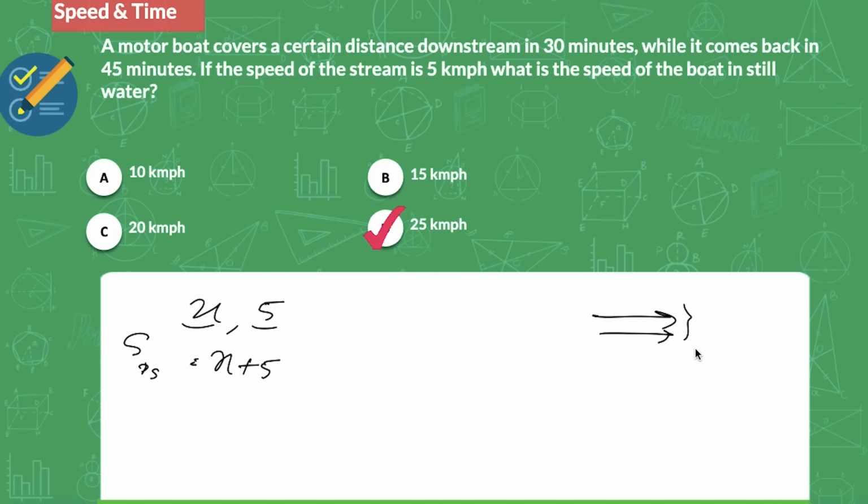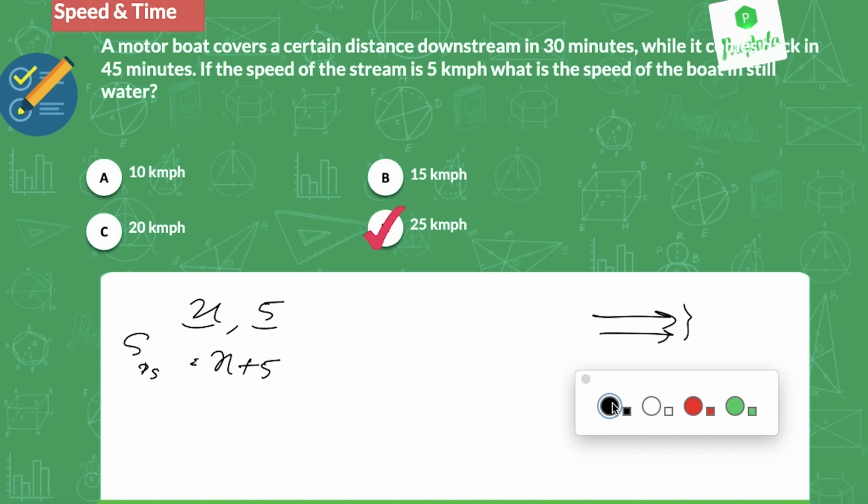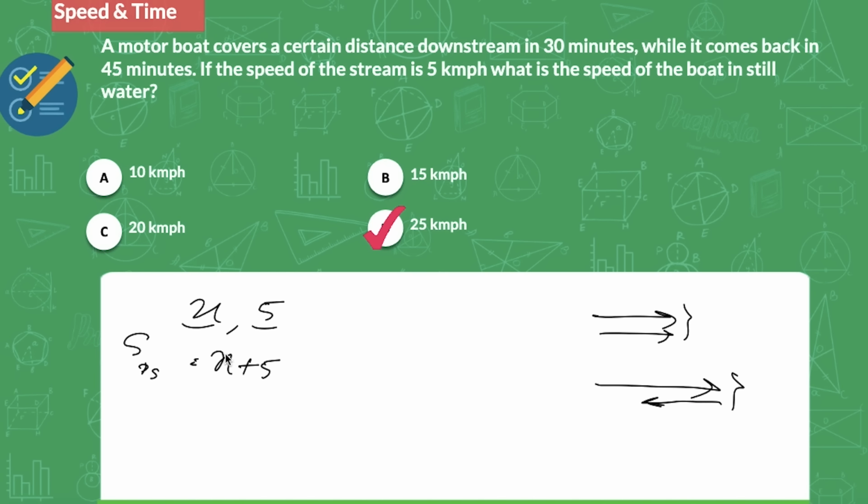This is called downstream. If the river is flowing in this direction, but the boat is going in the opposite direction, the speeds are subtracted. So speed downstream would be x plus 5, and speed upstream would be x minus 5.